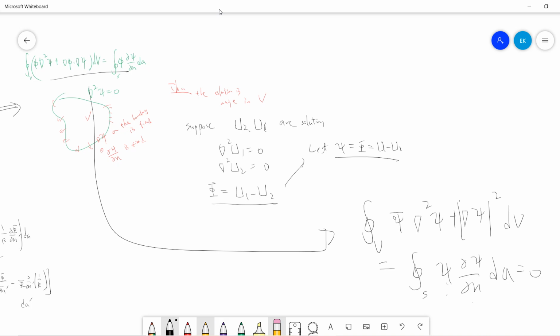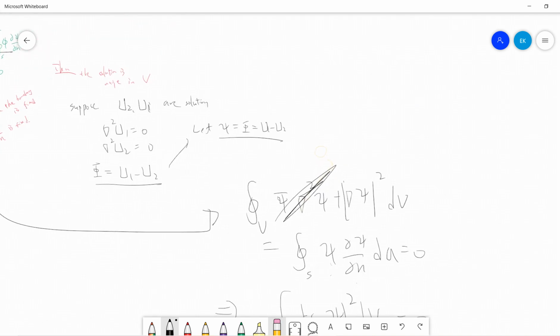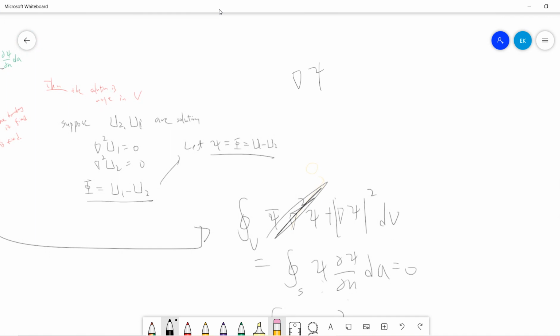And we also have that the Laplacian of phi is 0, the definition of the Laplace equation. So the volume integral of the gradient of phi squared is 0. The gradient squared is a continuous, non-negative function integrated over a continuous region, so that means the gradient of phi is 0.